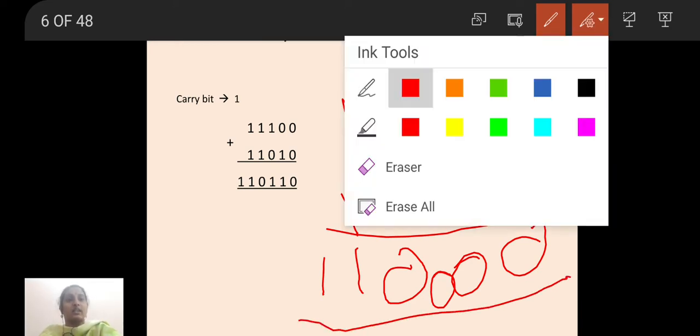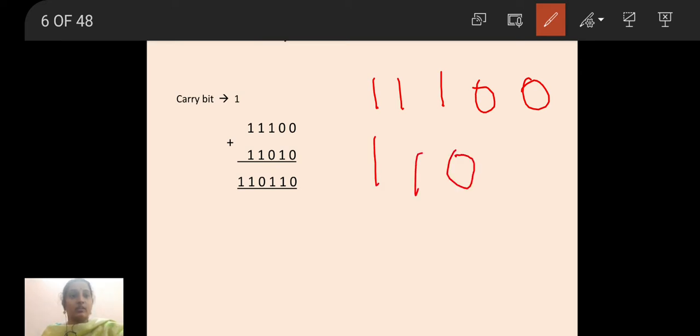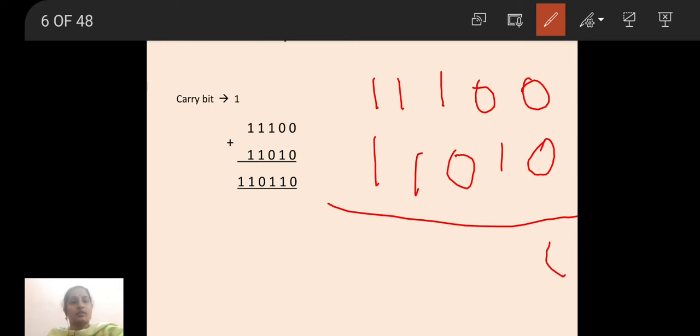So once again I would like to explain clearly. See here, 1, 1, 1, 0, 0. Next, 1, 1, 0, 1, 0. And see here, 0 plus 0 is 0, 0 plus 1 is 1, 1 plus 0 is 1, 1 plus 1 is sum 0, carry 1.